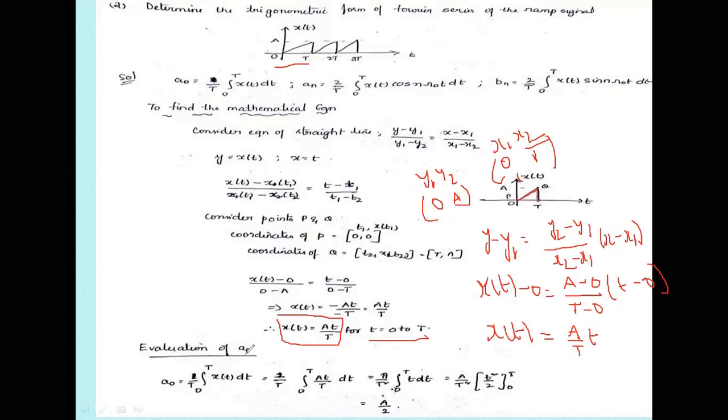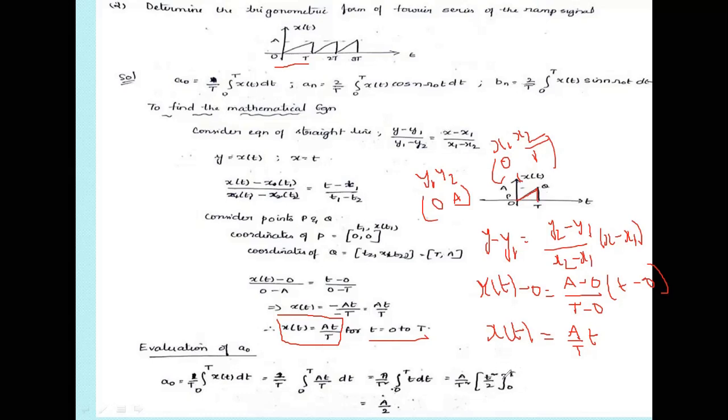So evaluate a of 0, which is equal to 1 by T, the integral 0 to T of x of t dt. What is x of t here? We got A by capital T into t. A by T is a constant value. So A by T already there, T square, integral 0 to T, t into dt. The integral of t is t square by 2. The upper limit is T and the lower limit is 0.